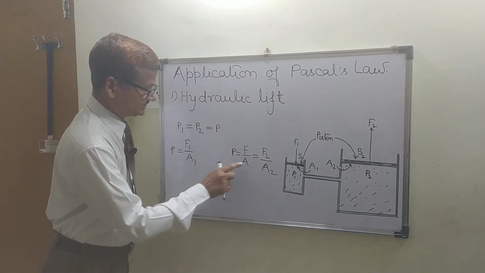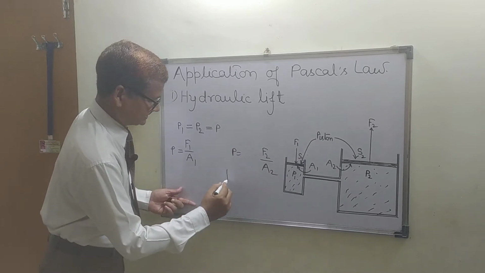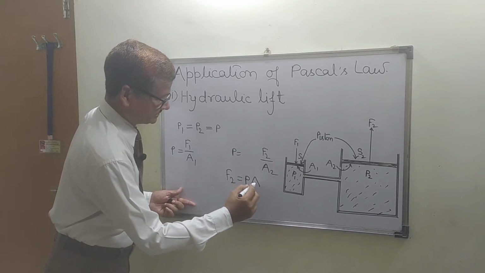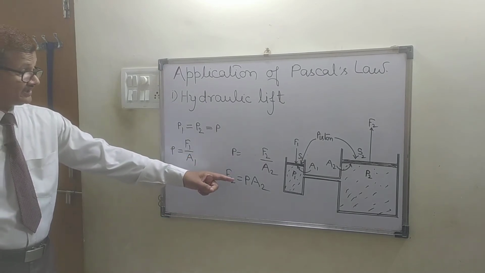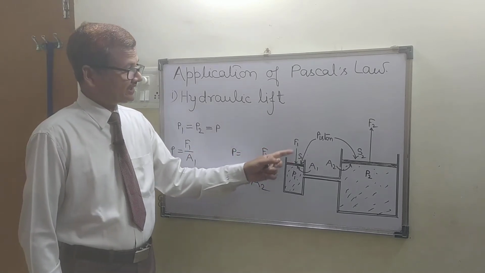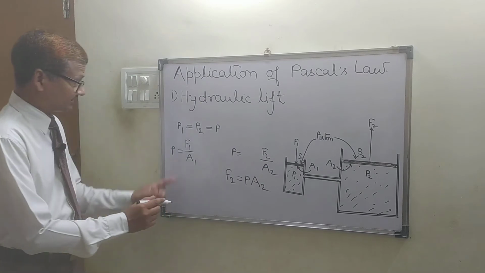Thus, you can write F2 is equal to P into A2, and P, the pressure acting due to applied force F1, is F1 upon A1.